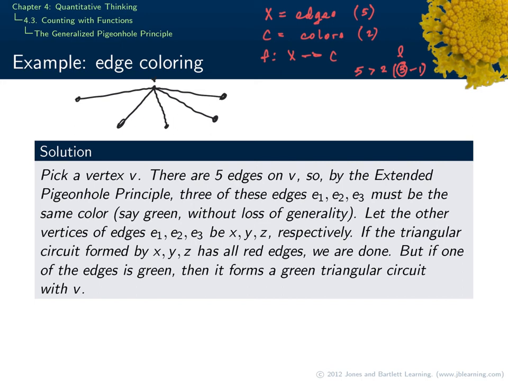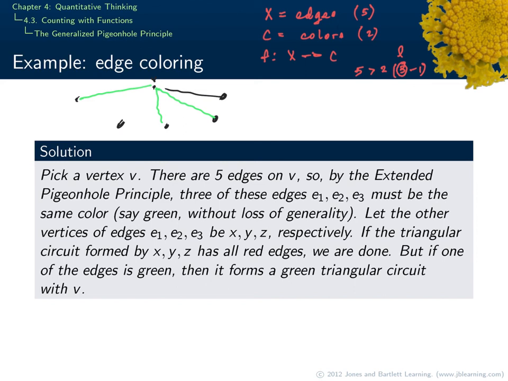So let's color those in now. So let's suppose, I don't know, let's suppose this edge, and that edge. In fact, it could be all 5 of them that are the same color, but for the sake of having something to write down here, let's suppose it's these 3 that are colored green. And then the others are the other color, namely red.